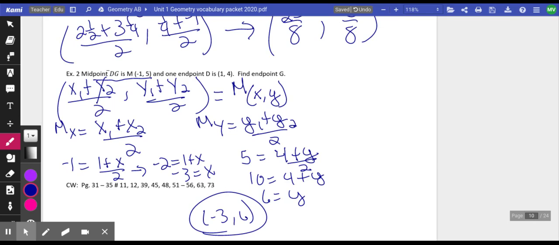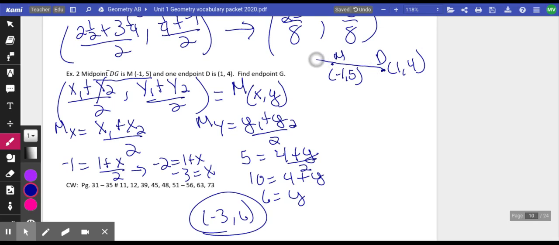The other way I can think about it is I can sketch it out in my mind. So I have D, which is 1, 4, and then I have the midpoint, which is -1, 5. And I put that to the left because x is 1, then I go to -1.